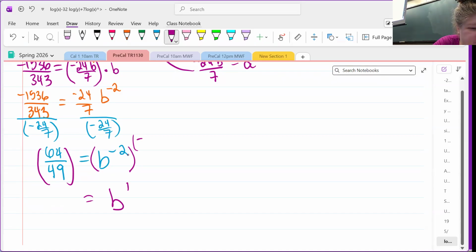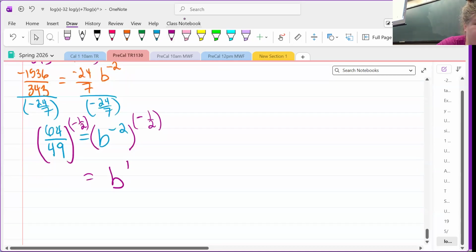And then for the 2 to turn into a 1, I need to divide by 2, which means multiplying by a half. So it's the -1/2 power that we're raising both sides to. So this ends up becoming 7/8.